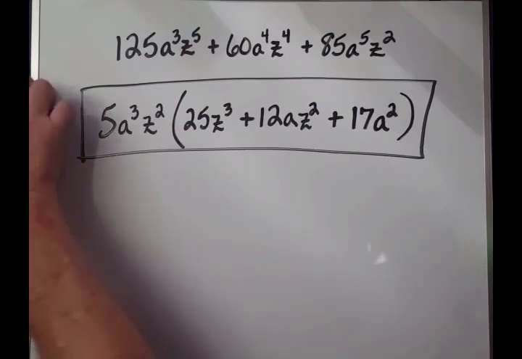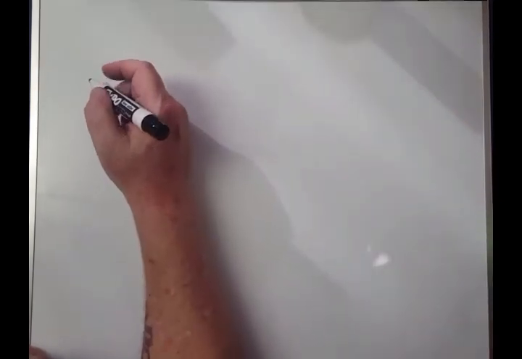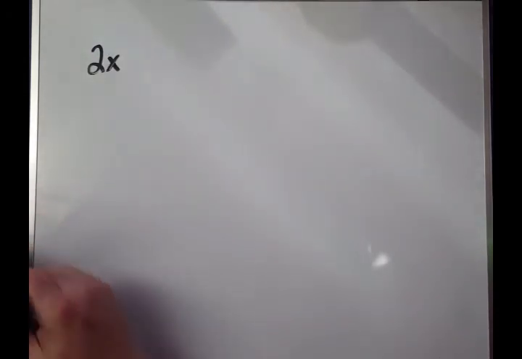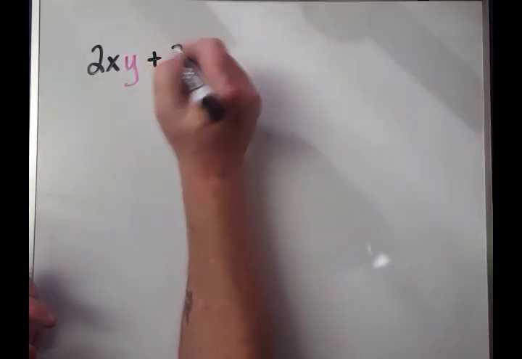All right. Now, let me show you a very simple one. I'm going to work a problem and a companion problem. First thing I want to do is factor out the greatest common factor of 2xy plus 3y.